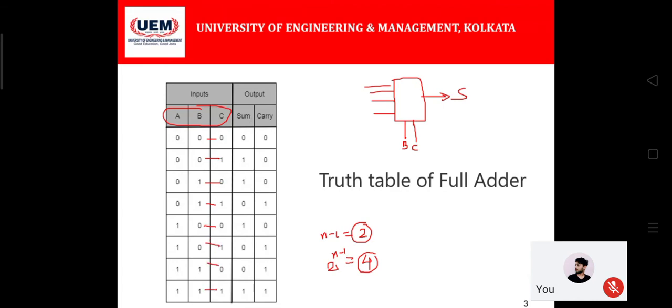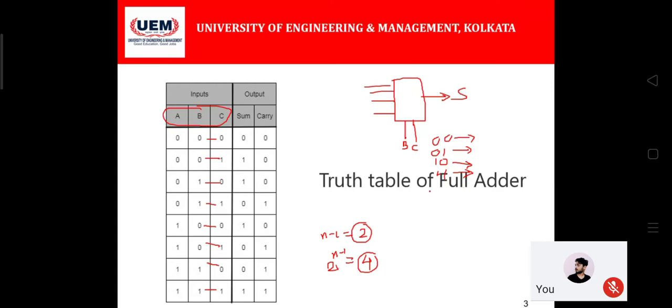So BC basically has 4 possible values: 0, 0, 0, 1, 1, 0, and 1, 1. So what we do, we take B and C and place them in the select line part. Obviously BC will maintain the inputs of the truth table itself, like the truth table shows: BC can have 0, 0, BC can have 0, 1, BC can have 1, 0, and BC can have 1, 1 values.